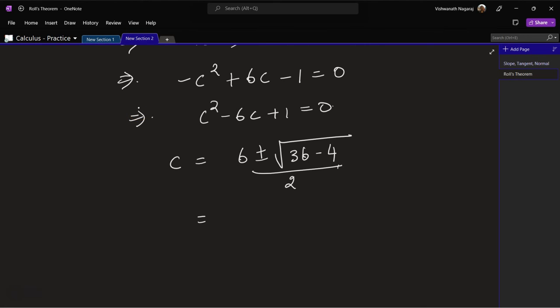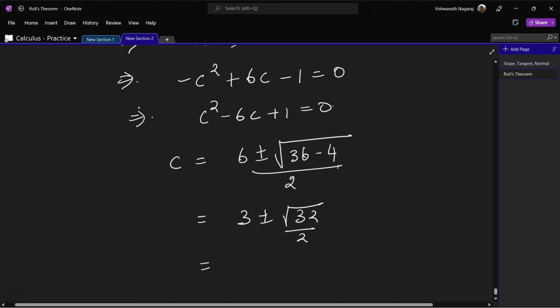So this gives us 3 plus or minus square root of 32 by 2. Now square root of 32 is 4 root 2. So 3 plus or minus 4 root 2 by 2. So the 2s cancel. So we are left with 3 plus or minus 2 root 2.